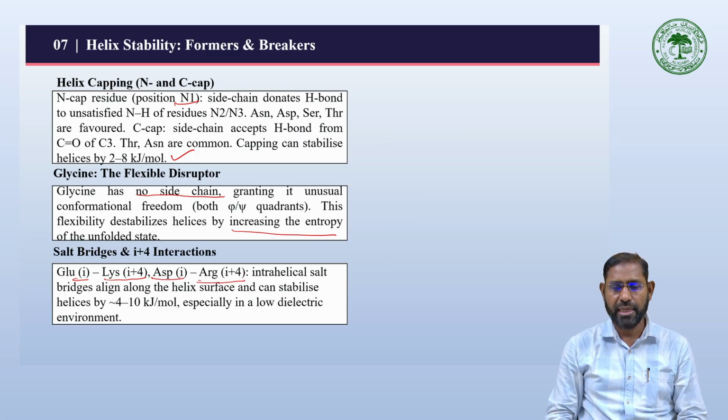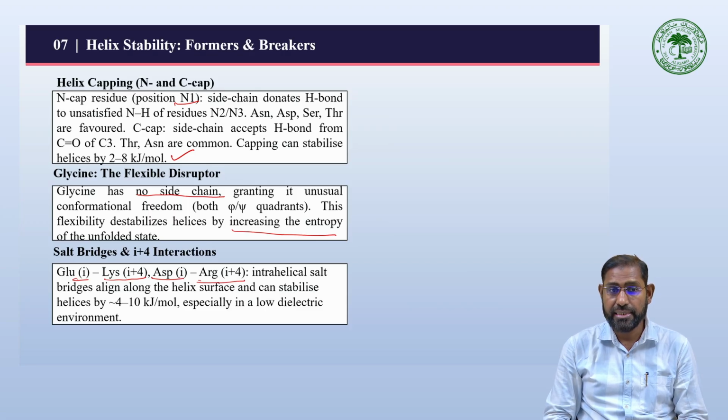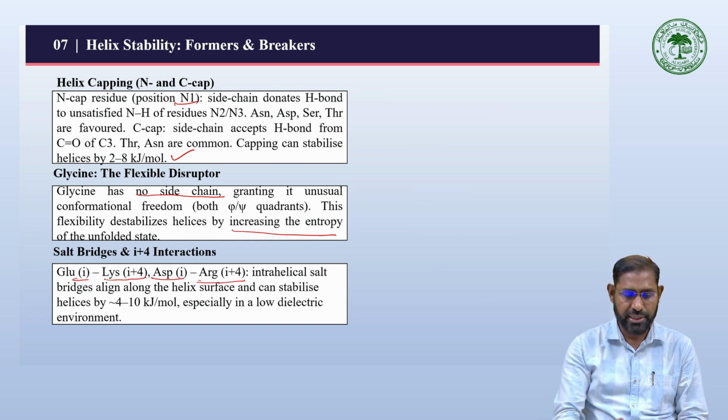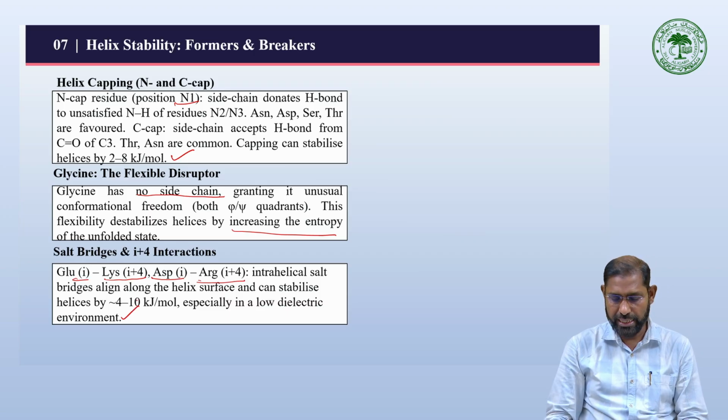It builds an intrahelical salt bridge aligned along the helix surface and can stabilize the helix by a further 4 to 10 kilojoule per mole. It gives further stability because of the salt bridge with glutamic acid and lysine, aspartic acid and arginine, especially in a low dielectric environment.